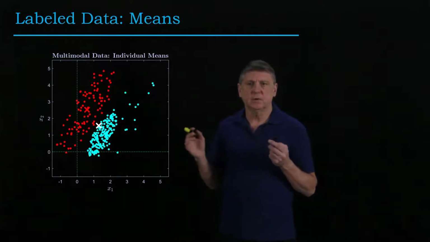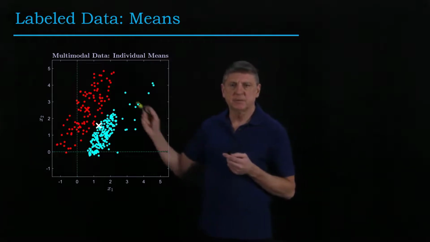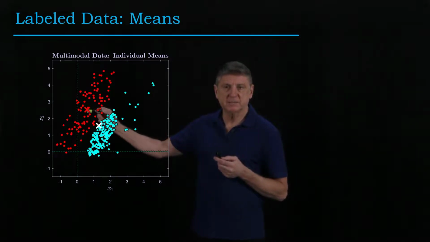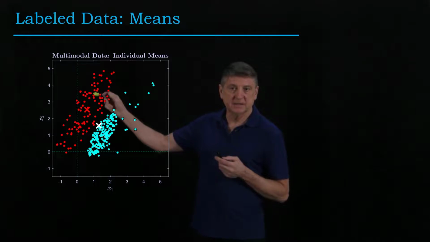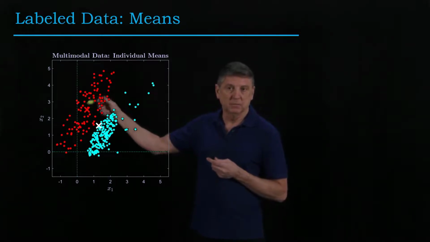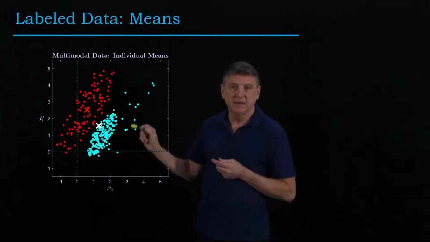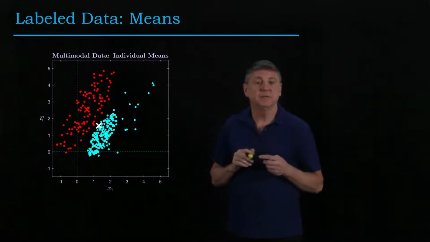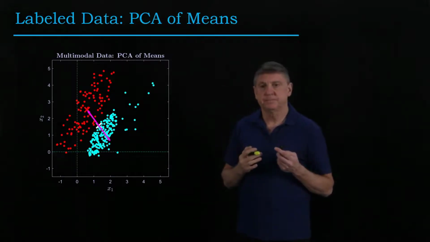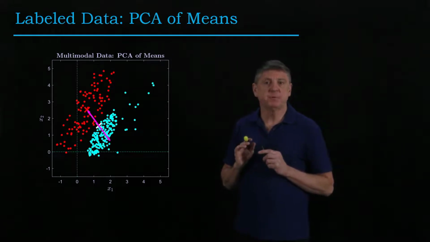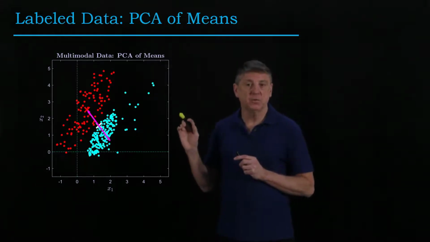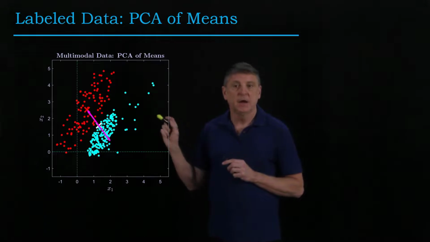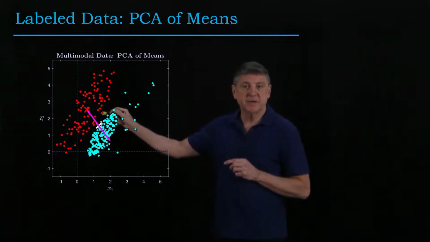And here what I've done is I've labeled the mean. So this red X is the mean of the large label -1 data, and then the cyan X, which is a little harder to see, is the mean of the label +1 data. If I perform PCA on the means of the data, what I get is this magenta axis.